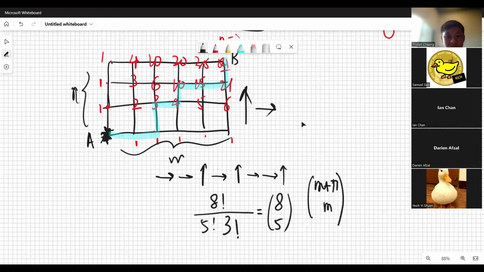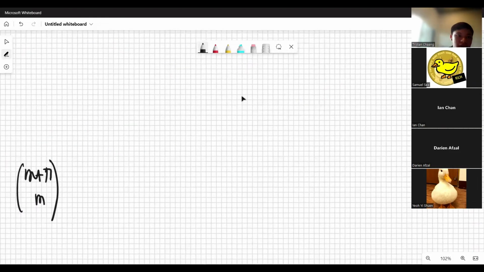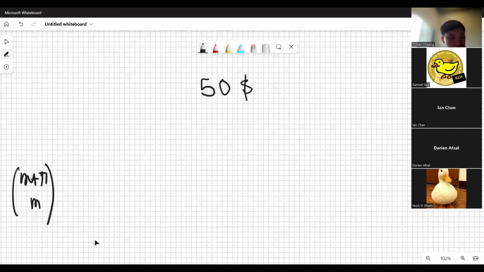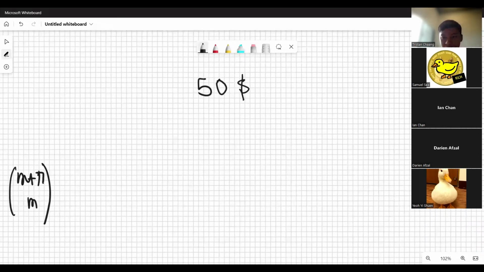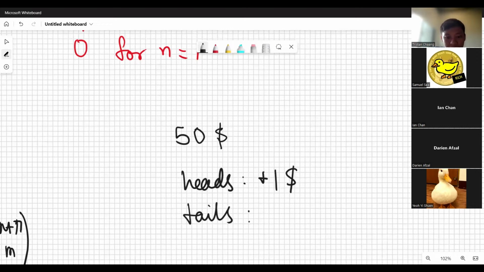So you start off with $50 in your game, and you toss a coin every round. If you get heads, you add 1 to your possession. If you get tails, subtract 1 from your possession.